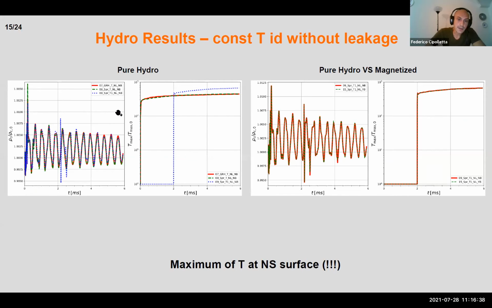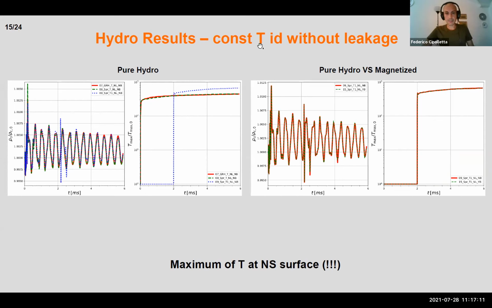We also performed one of those simulations, the blue dotted one, switching on the temperature evolution after 2 milliseconds. In fact, you can see here in the rest mass that the neutron star undergoes a big shock in the maximum rest mass, and you can also see that clearly in the temperature evolution, where you have this big jump.